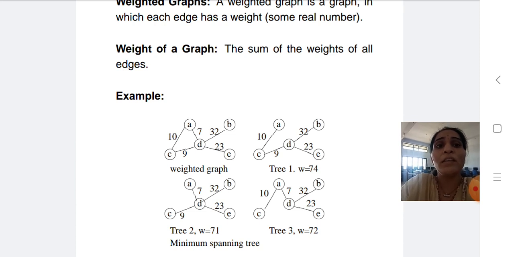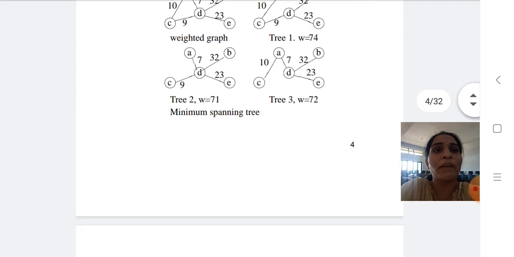Then the second tree A, D, C, D, B, E has weights 9, 7, 32, 23, which means the second tree has a weight 71. And the last, third spanning tree is C, A, D, and from D there will be two edges, B and E. The weight addition is 10 plus 7 plus 32 plus 23, that is 72, the weight for the third spanning tree.